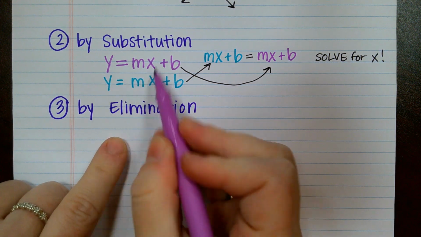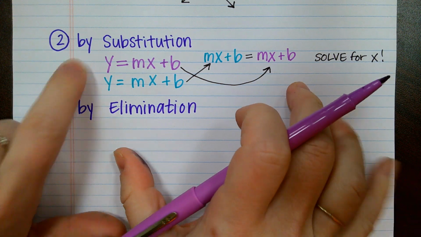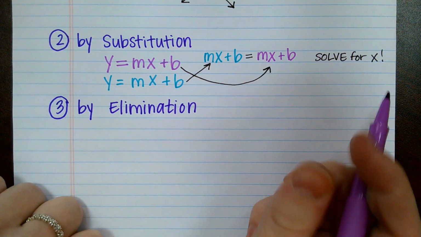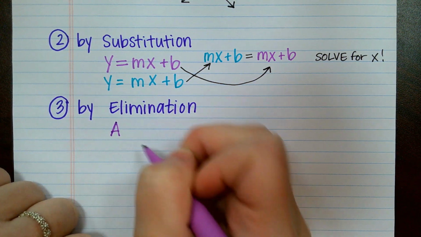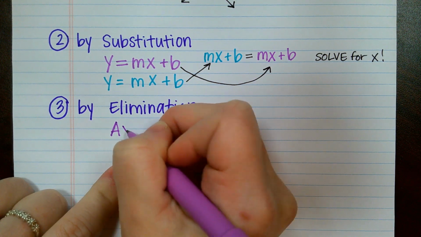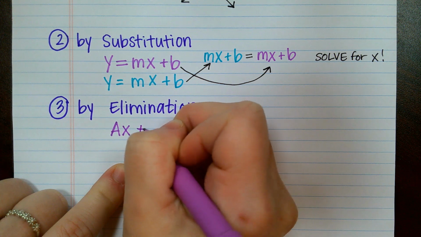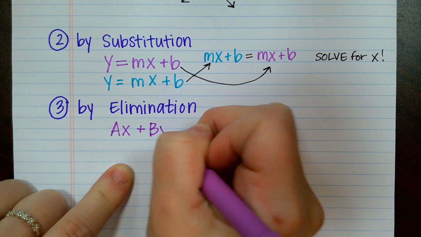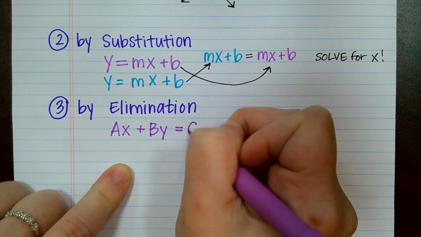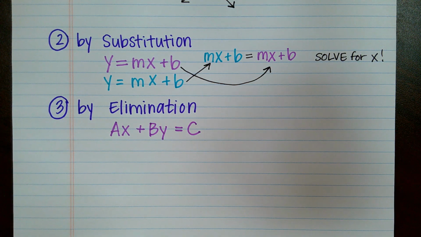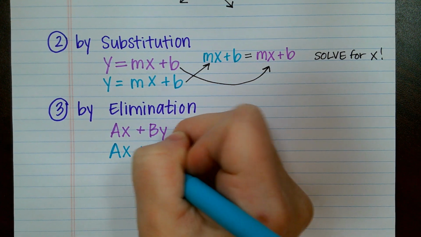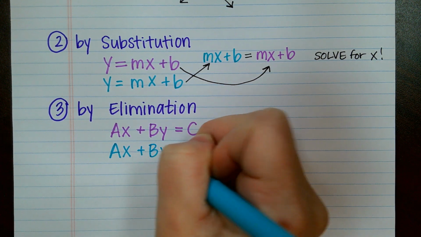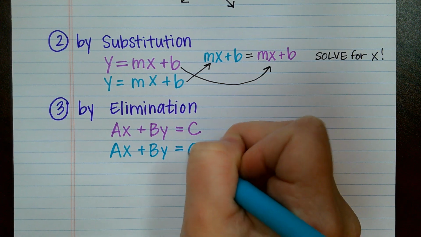We'll probably be spending all of after lunch talking about both of these. So for elimination, we have a different equation, ax plus by equals c, and another ax plus by equals c.